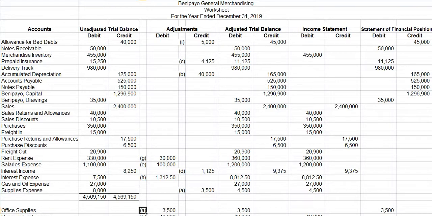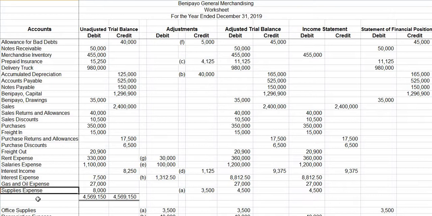Then, what was the credited account in the first adjusting entry I mentioned a few minutes ago? Supplies expense, also for 3,500. So look for the account name supplies expense here. Do we have it here? Yes, this one.